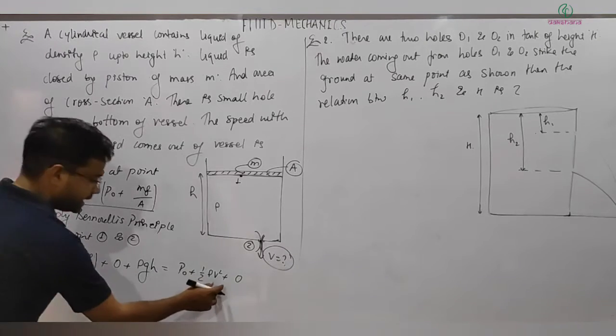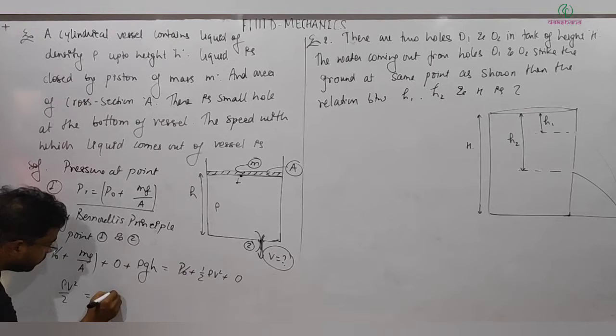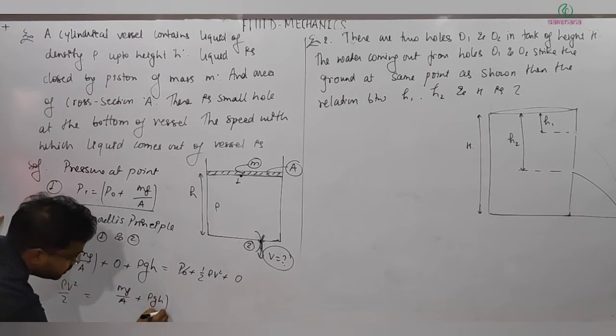Now simplifying, P naught gets cancelled out, and rho v square by 2 is equal to mg by A plus rho g h.